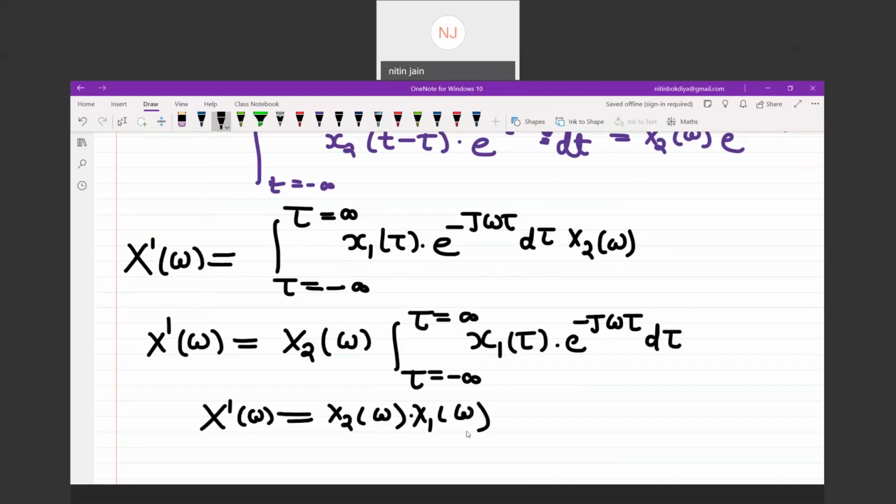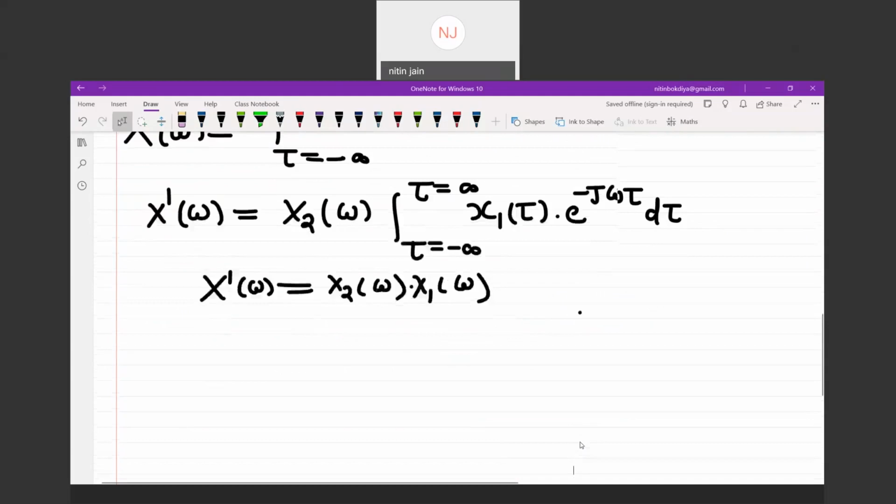So what I can say is, convolution in time domain is equivalent to multiplication in frequency domain.